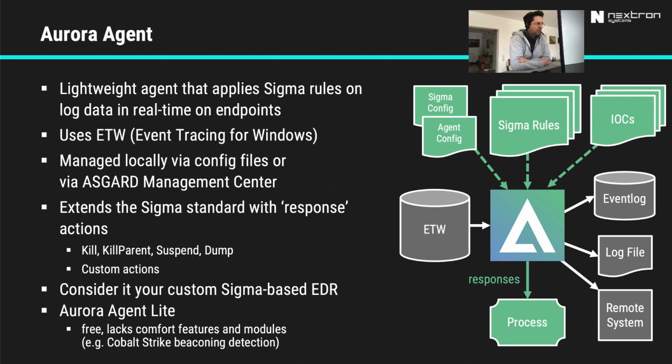That's Event Tracing for Windows, and it's managed locally via config files or centrally from a central ASGARD management server. It's one of our commercial products and should help you to manage the rules and rule sets, and updates on these rules from a central location, a more comfortable way to handle all the tasks.